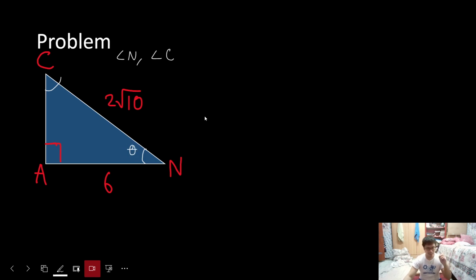Now, after that, we need to know the parts of the right triangle. This one is very obvious. The one that is the longest, that is your hypotenuse. And here we have the angle that we're referring to, which is your angle N. So this side AN, which is 6 units long, is beside that angle.